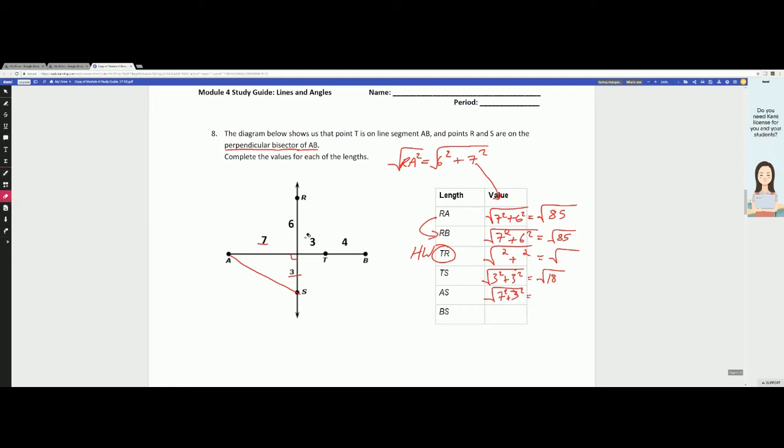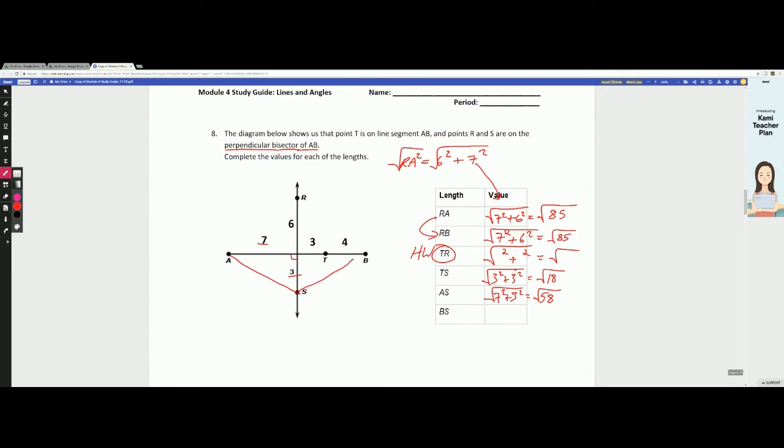Let me clean that up for you. Which equals 49 plus 9. So we got 58. Square root of 58. All right.